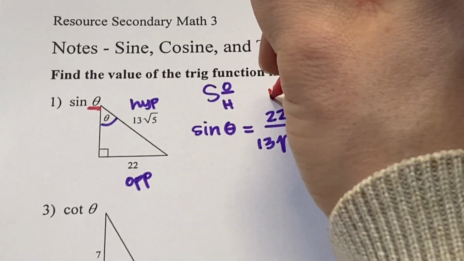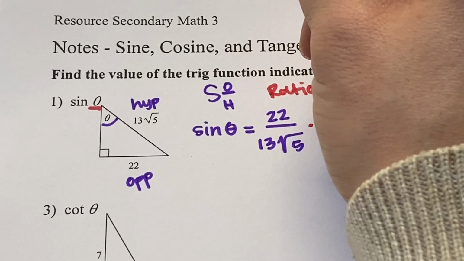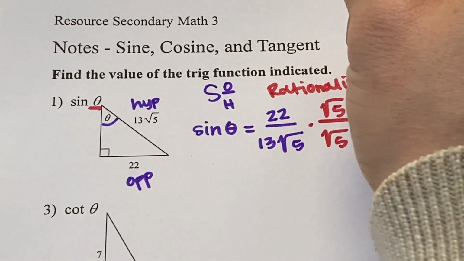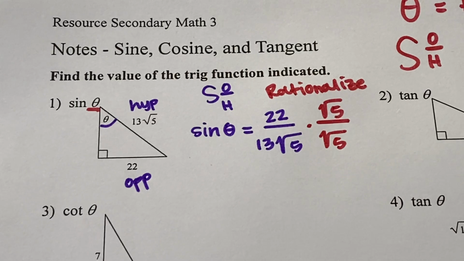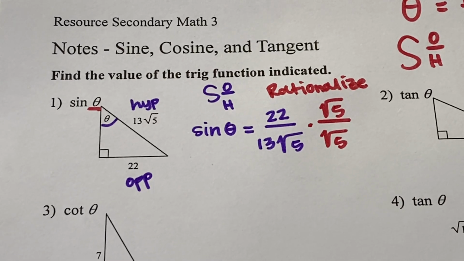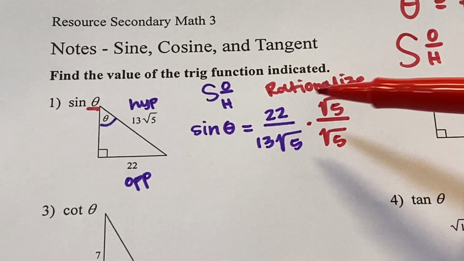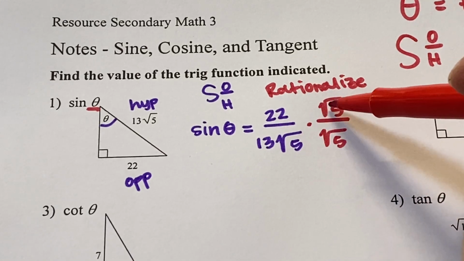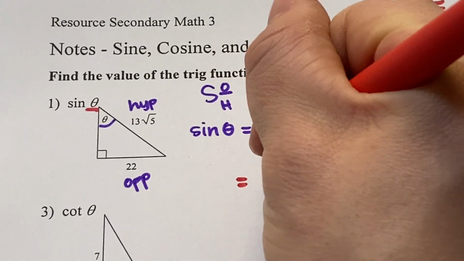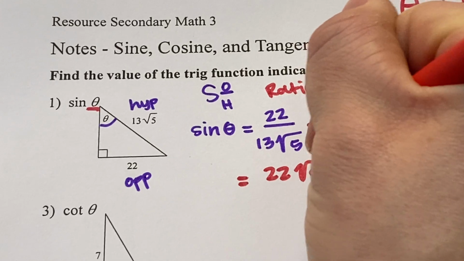This is called rationalizing. If it says rationalize your answer, it means do this little step that we're doing. It looks a lot more complicated than it actually is. Let's work with the numerators first. 22 times root 5 simply turns into 22 root 5.